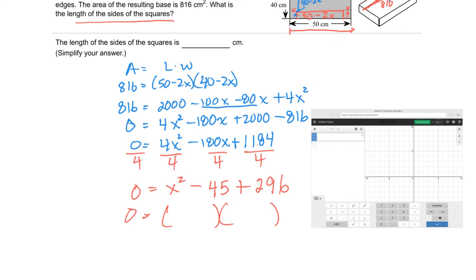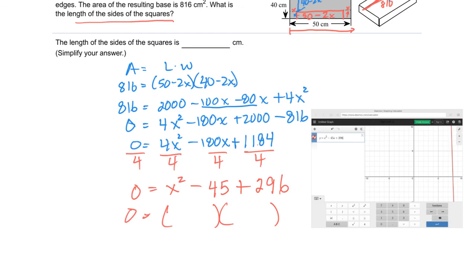So y equals x squared minus 45x plus 296. Whoops, that's a times. Plus 296. There we go.